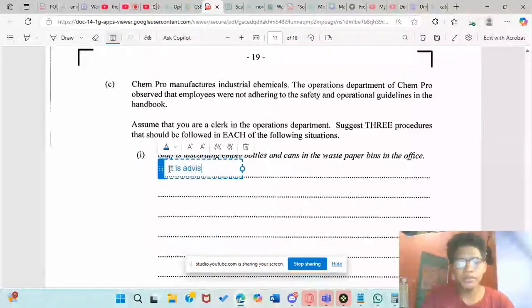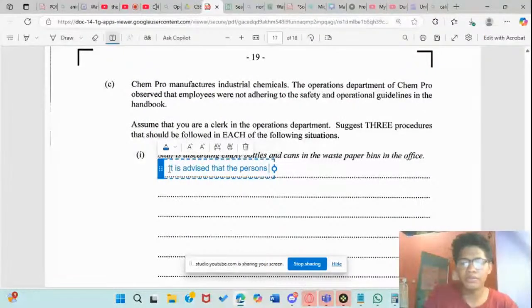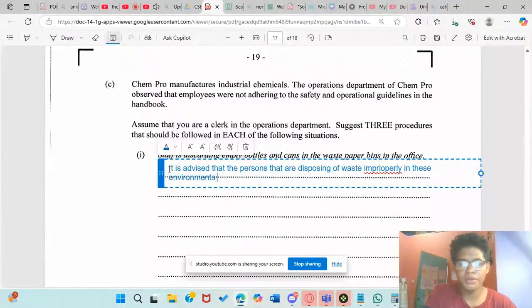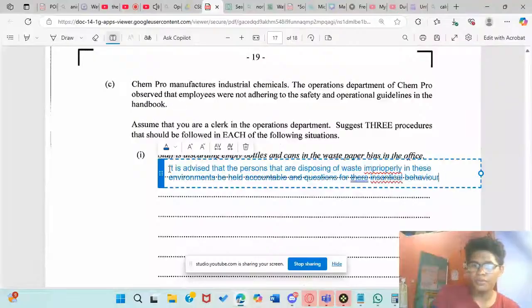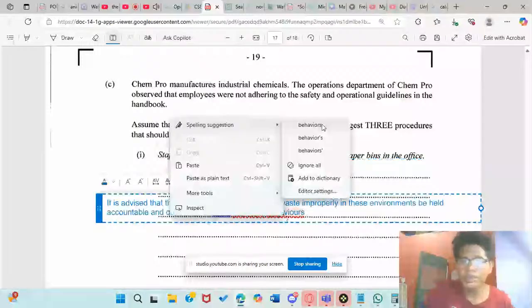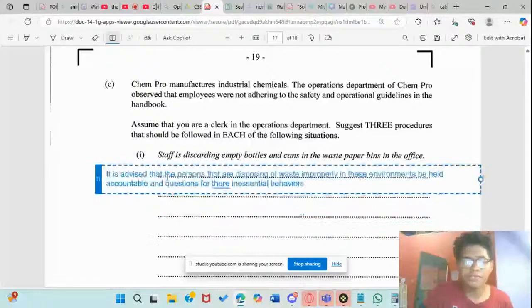It is advised that persons disposing of those items improperly in the environment be held accountable for their behaviors.